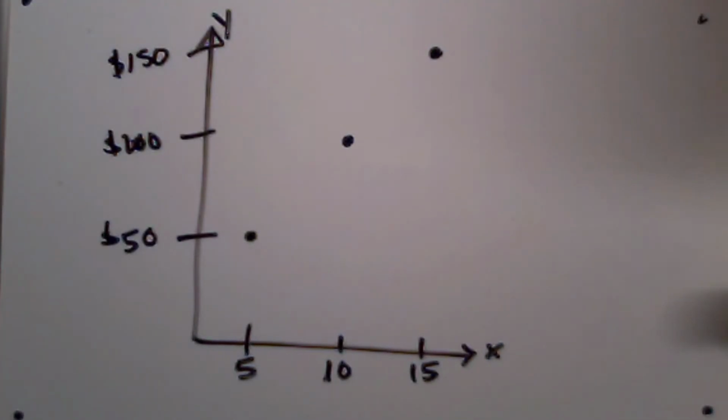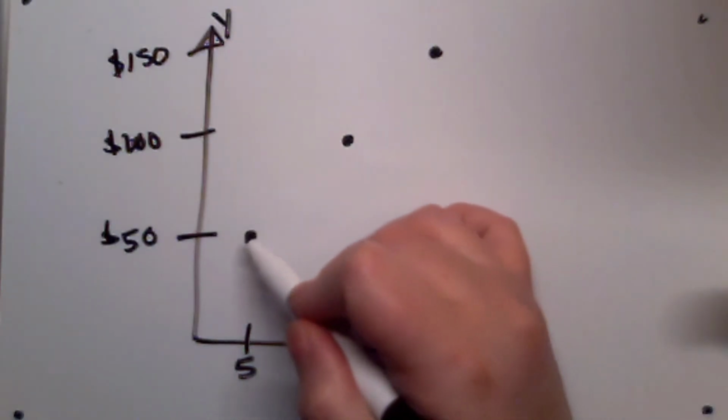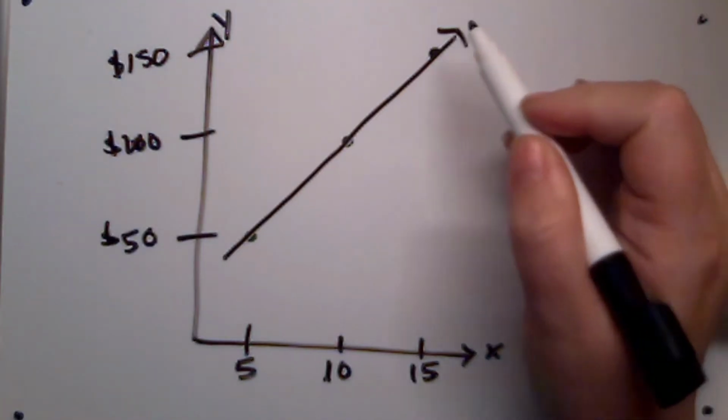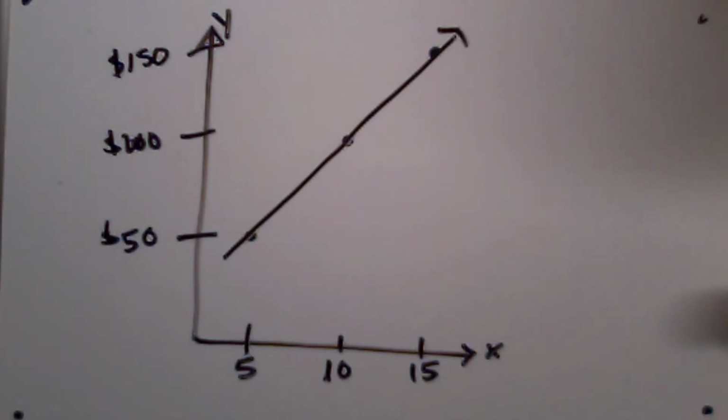What you will see then is that directly related relationships are going to have a map that goes in this direction. So if you're ever wondering, are these directly related or inversely related, you can try mapping it out, see what happens with your numbers. That's a trick that you'll be able to use to help define directly related versus inversely related.